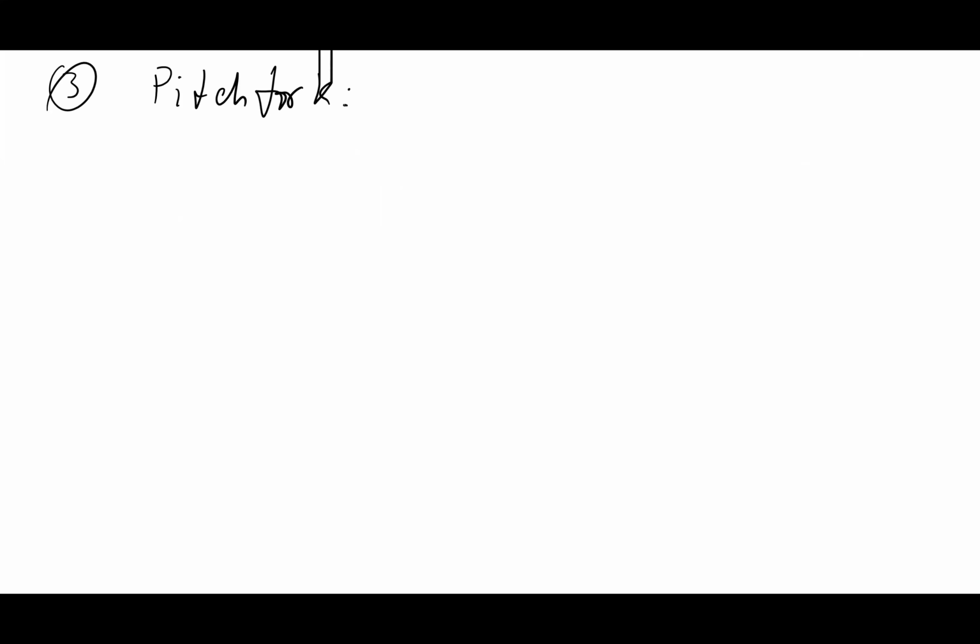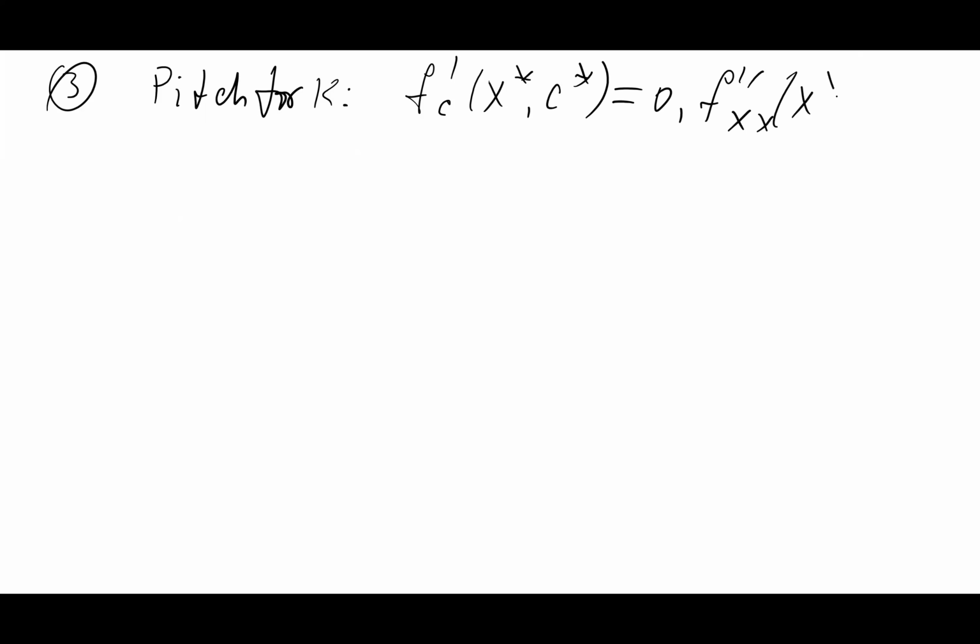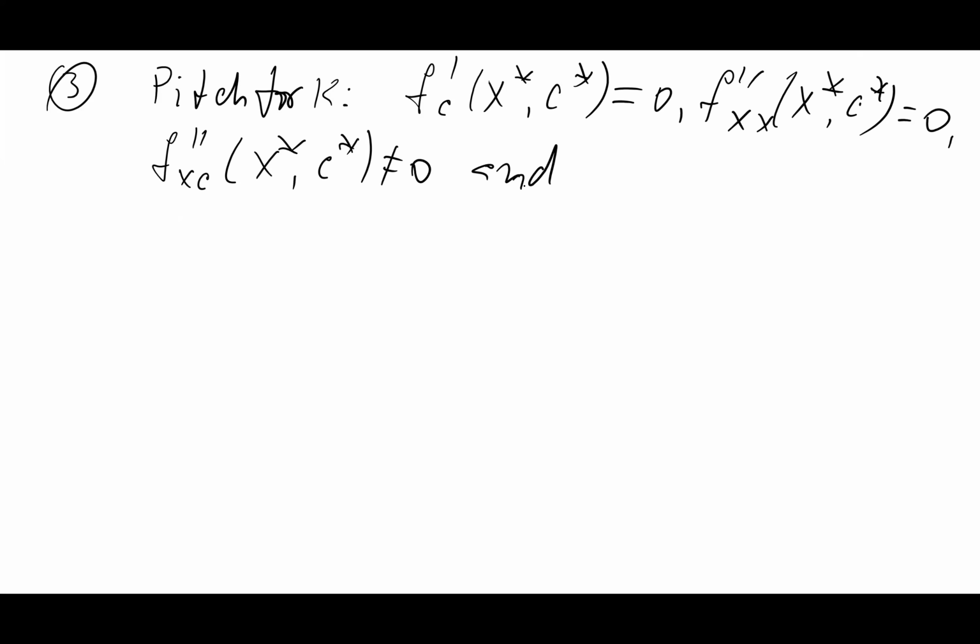So for pitchfork bifurcation, the derivative over c should be zero, the second derivative over x should be zero, but the mixed second derivative is not zero, and the third derivative over x is not zero.